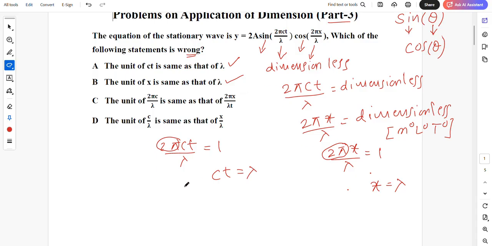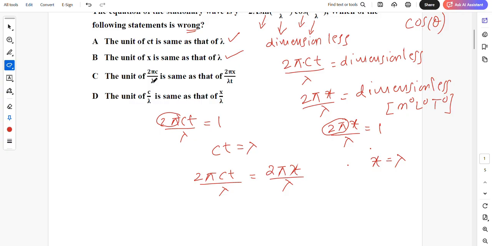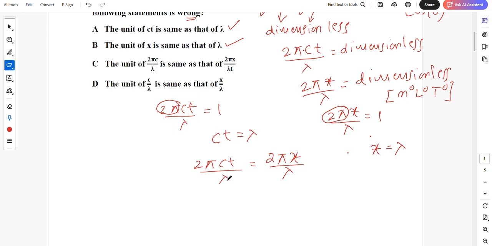Now the unit of 2 pi c by lambda is c. Here these two we can equate: 2 pi ct by lambda is equal to 2 pi x by lambda. Why am I equating? Because both are dimensionless. Now divide this by t, or send this t here.